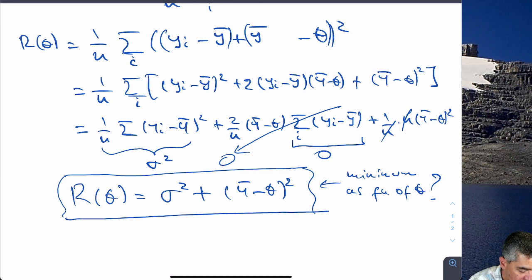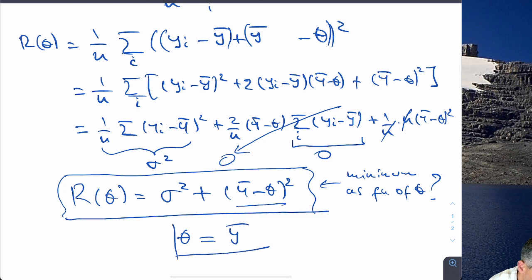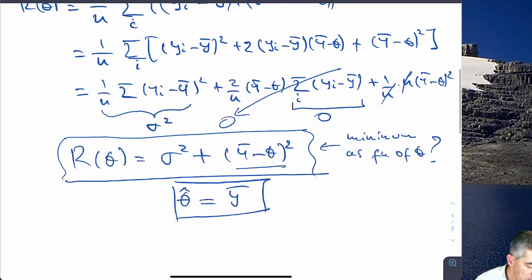It can't be negative. And so since the only parameter that we can vary here is theta, the way to make this value right here as small as possible is to make theta equal to y bar.